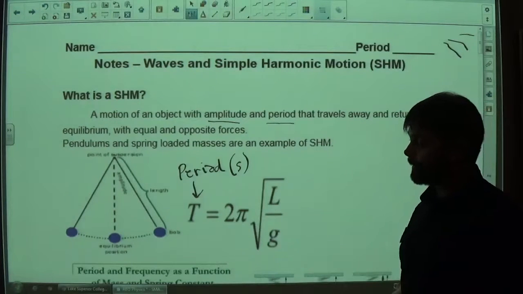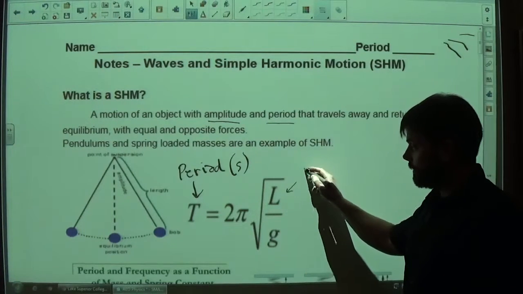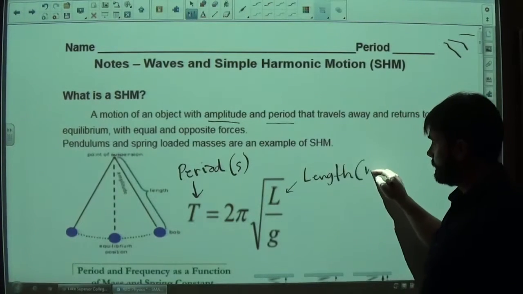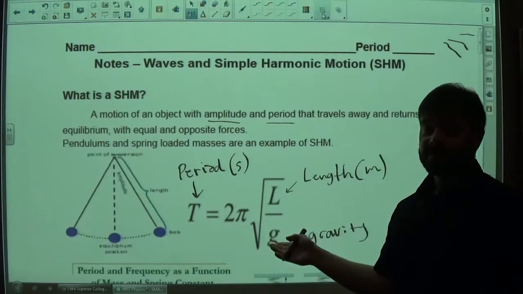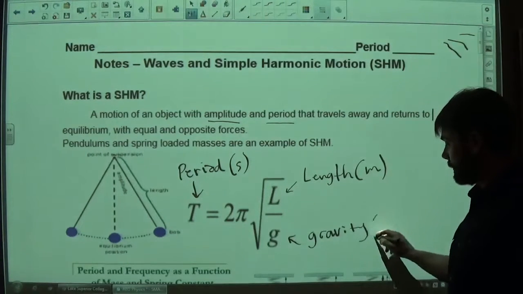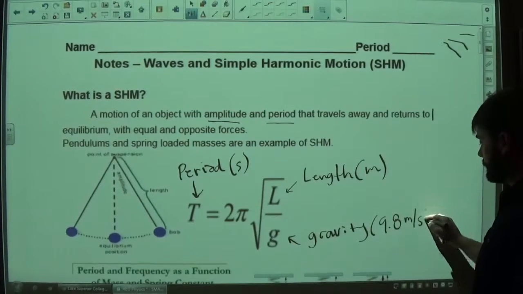The only two variables that will influence the period of a pendulum are the actual length of the pendulum, L, which would be measured in meters, and g, which represents the acceleration of gravity on Earth, which is 9.8 meters per second squared.